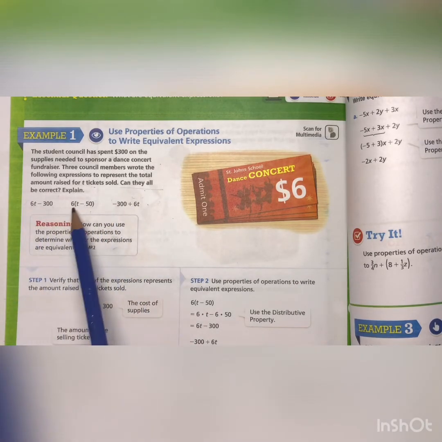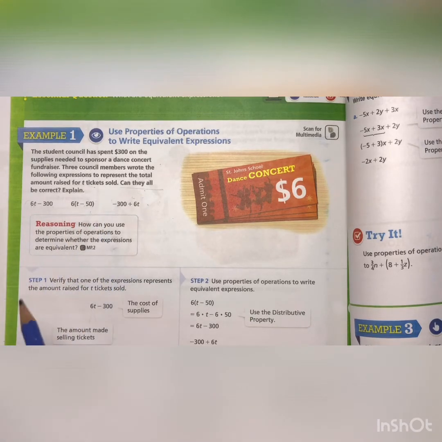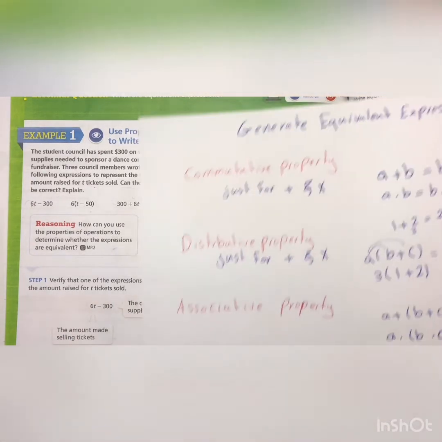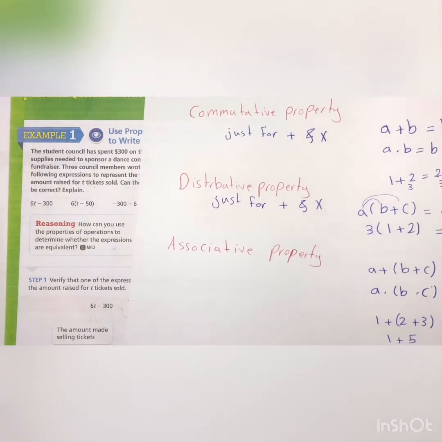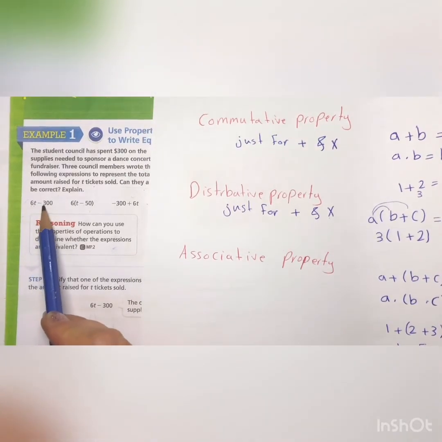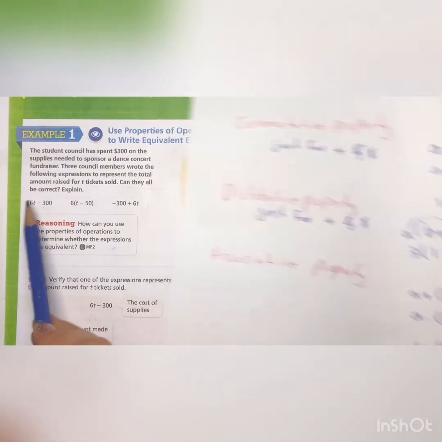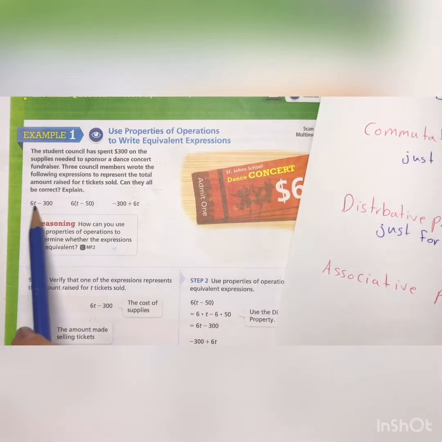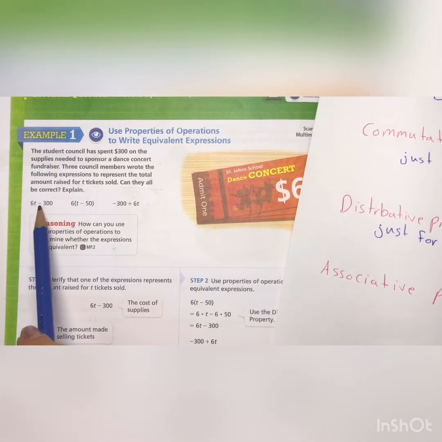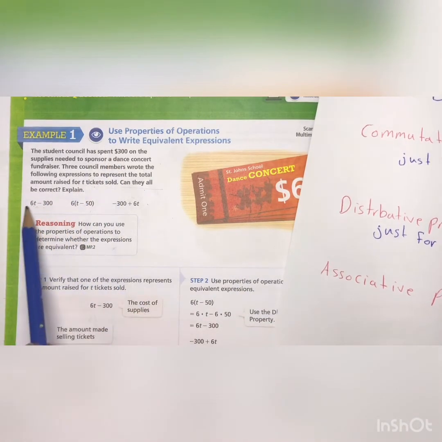We talked about the property. If you remember, we talked about this property. Now, that's our equation. It's true because we have $6 for the ticket and minus $300.